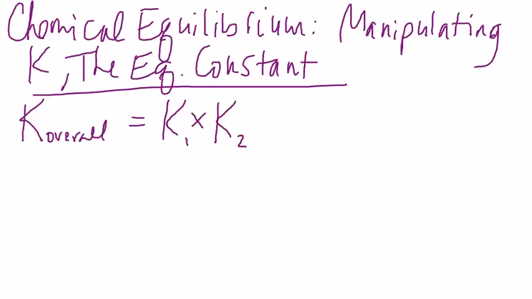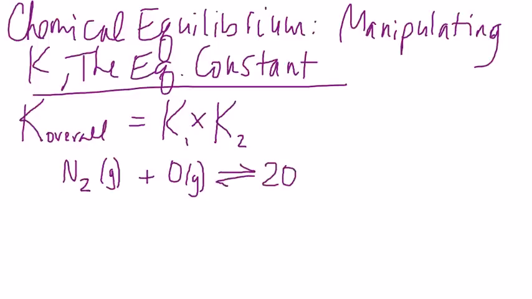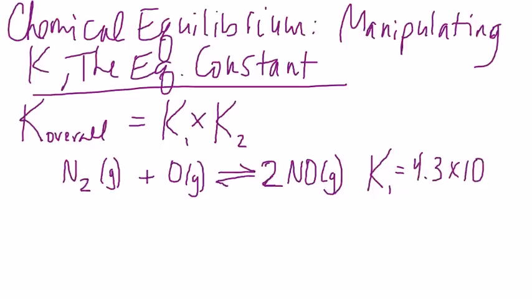An example of what I mean is, let's say you have the reaction N2 gas, nitrogen gas, reacting with oxygen gas to produce nitric oxide gas. And the K for this reaction is 4.3 times 10 to the negative 25.